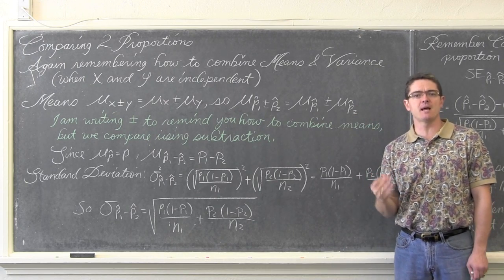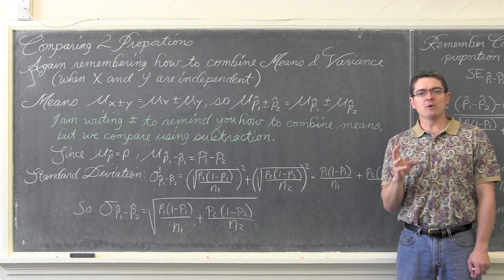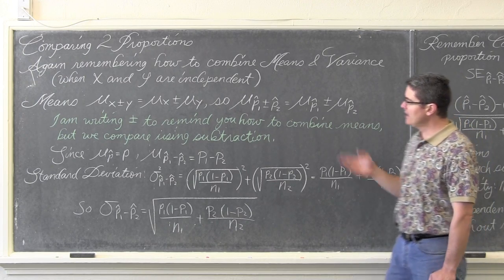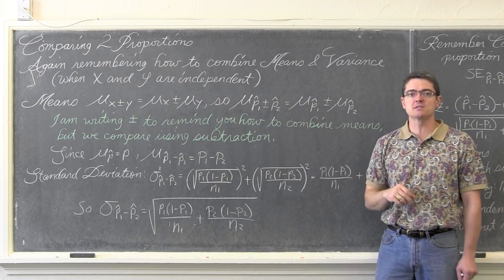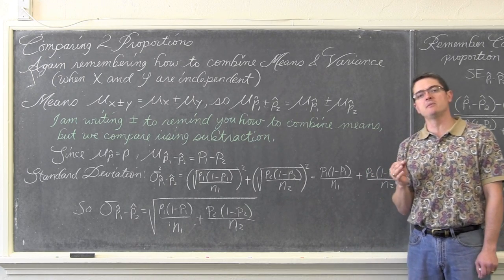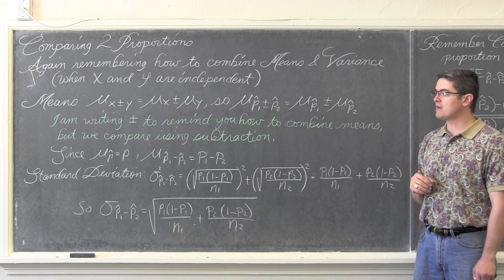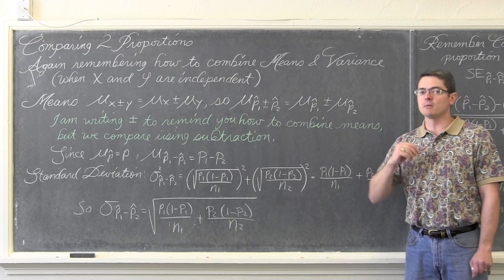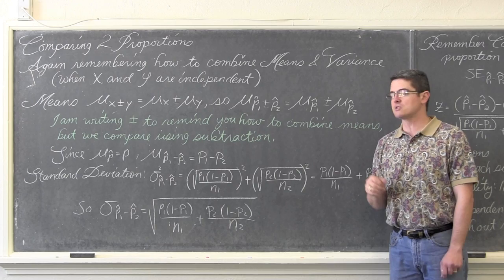P hat means sample proportion. Capital P with no hat on it is the population proportion. Now, this rule for combining means does not require the two samples to be independent. So thus, there's no such condition there. And you can add or subtract means, but again, for comparison purposes, we will just be doing subtraction.